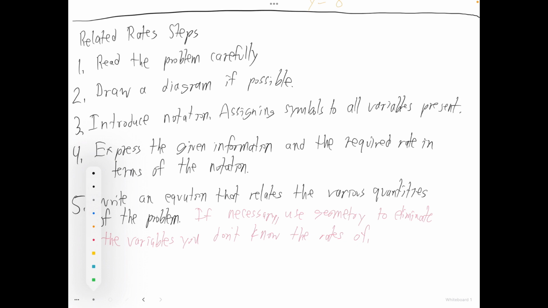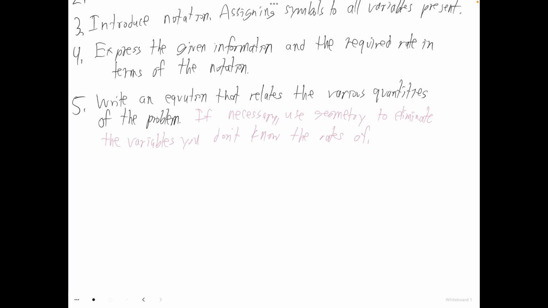Now this problem doesn't come up often, but sometimes you will have some value in your equation that you just don't know the rate of. We're going to do an example of that in a second, but when that is the case, you want to eliminate that variable before taking the derivative or anything because you don't know its rate. And we use geometry to do that. And like I said, there will be an example of that in a second.